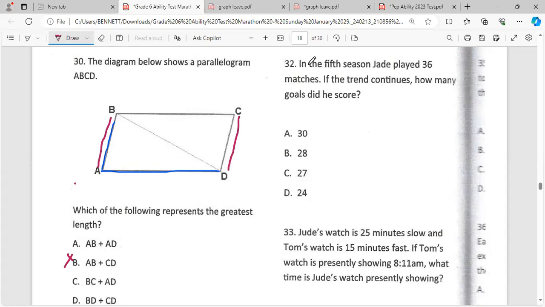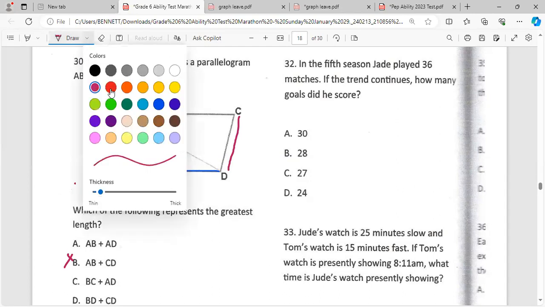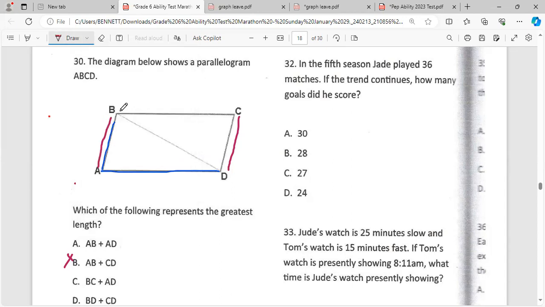All right, the next one says BC plus AD. So it would be BC, which is this long one here, and also this long one. So this one looks good so far.